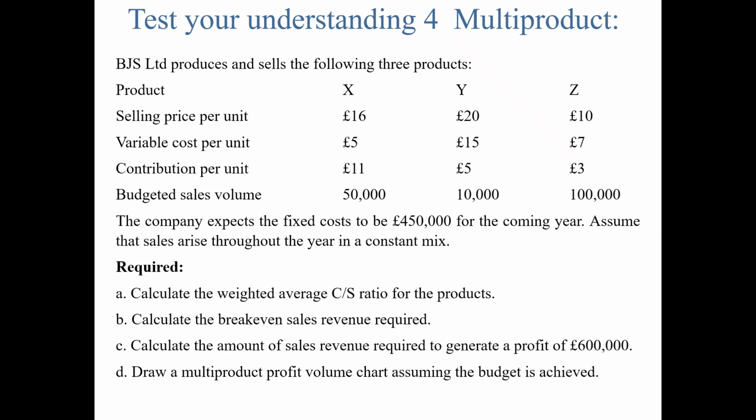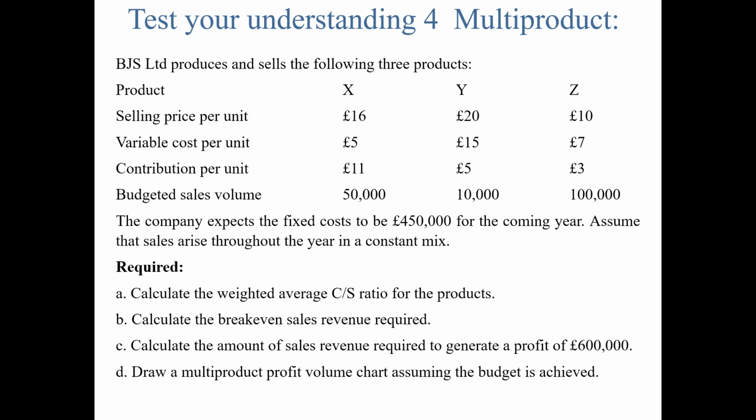Now they were asking to calculate a multi-product profit volume chart, assuming the budget is achieved. We are assuming that all the budgeted sales are achieved. To calculate the multi-product profit volume chart, first we need to find out the priority.